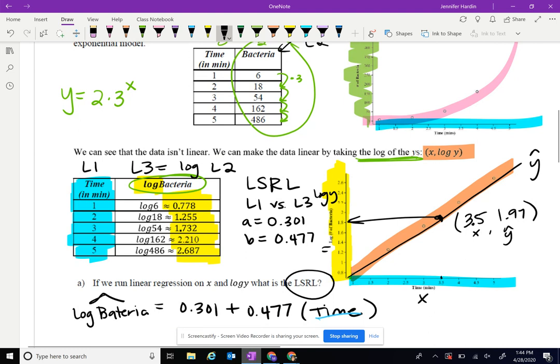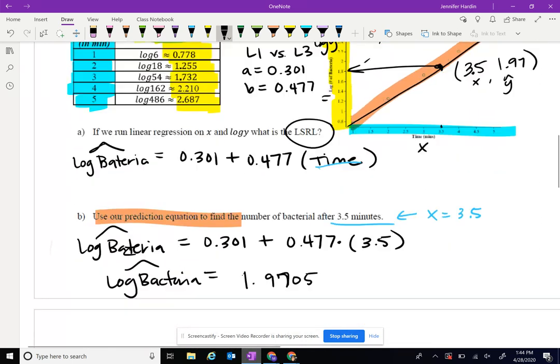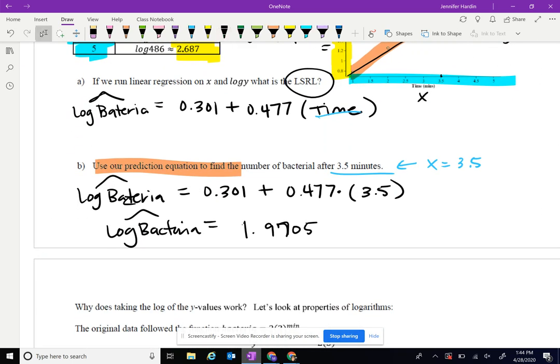What does that mean for the actual bacteria? So how do we go back and undo a log? Well, common logs like this one, where the base isn't written, the base is 10. So whenever there's not a base written, that's automatically a base 10 log.